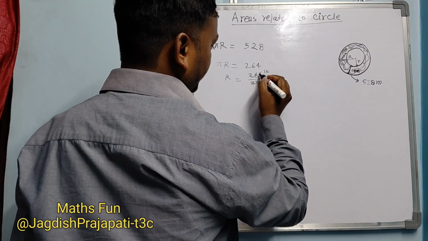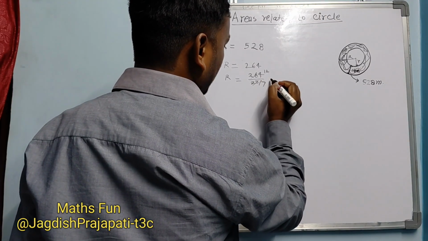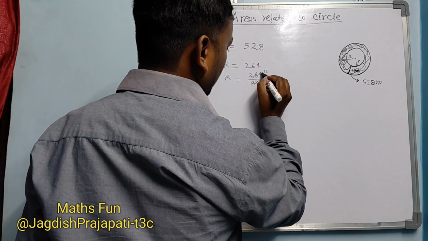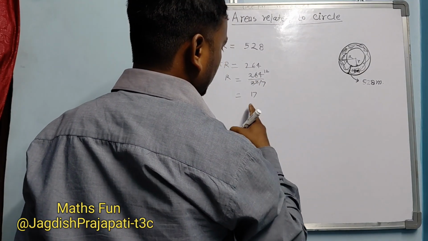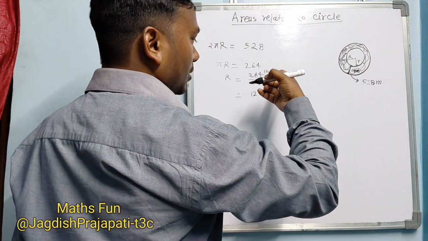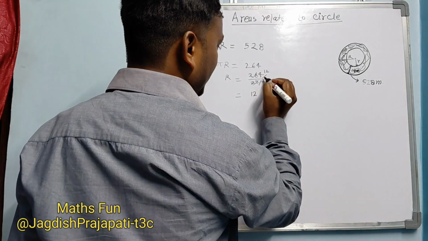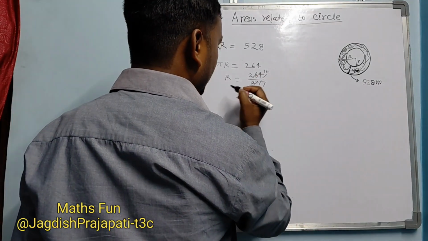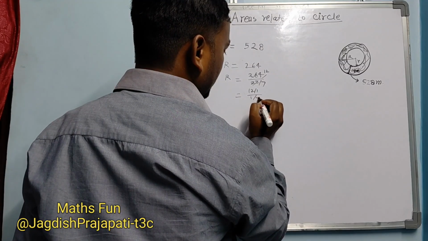Sorry, this is 12, and this 7 will go up, because we can assume like this, 12 by 1 by 1 by 7.